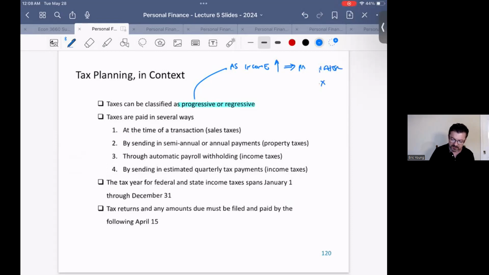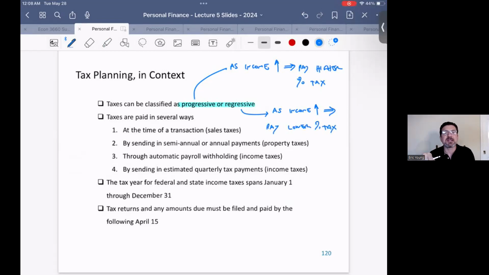And a regressive tax means that as your income goes up, you actually pay a lower percent tax. Now you're asking, what does that mean?